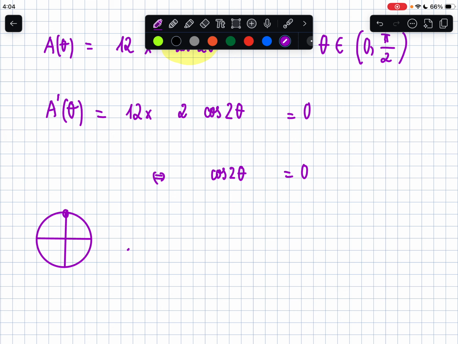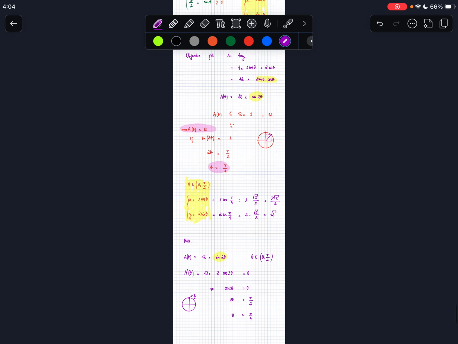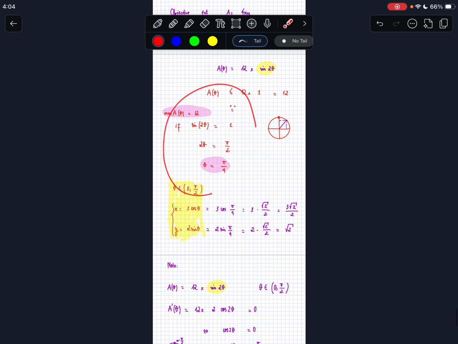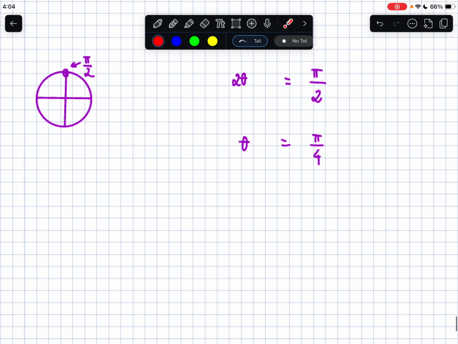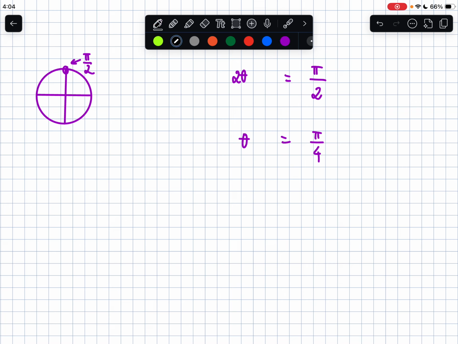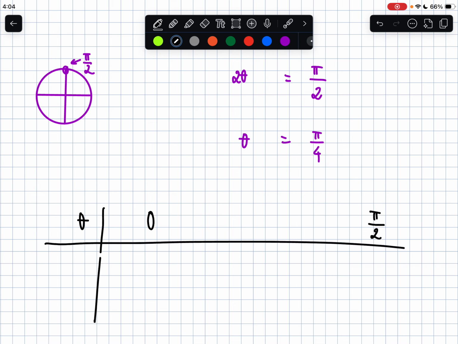So you see that we are here, or here, but we are in the positive side for that. So we are at this point, 2 theta equals pi over 2, theta equals pi over 4, which is the point we have here. This is a max at pi over 4. But for the first derivative test, you draw a table like that: theta from 0 to pi over 2, and we have critical point pi over 4.